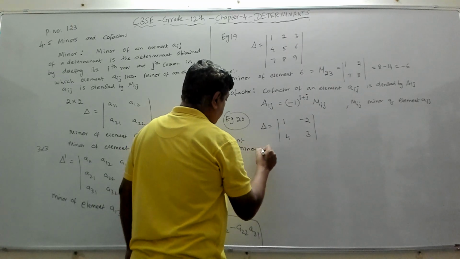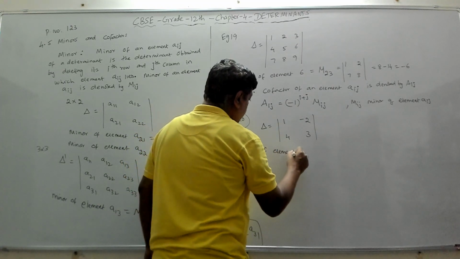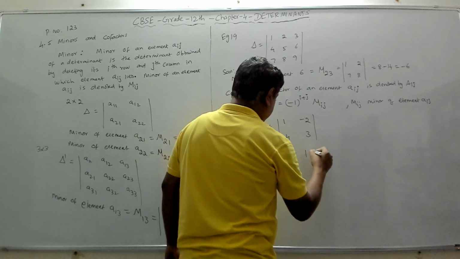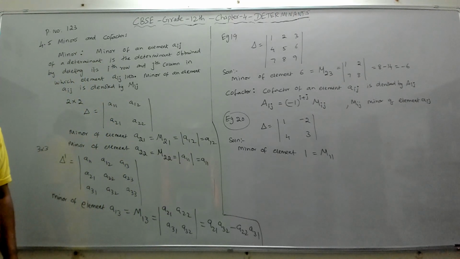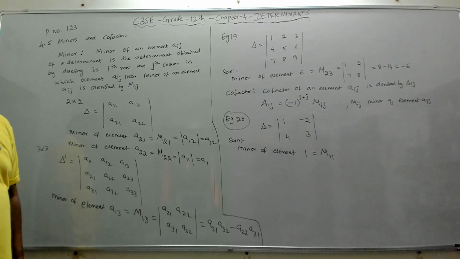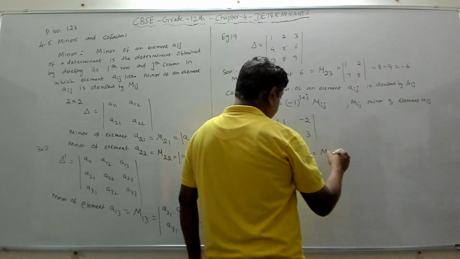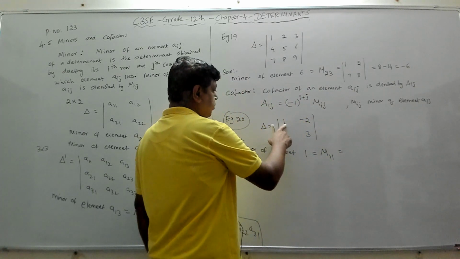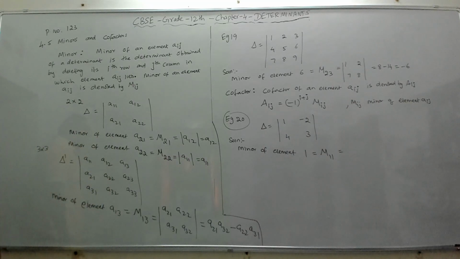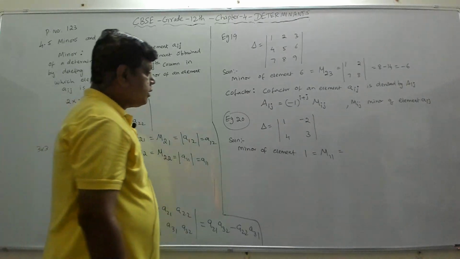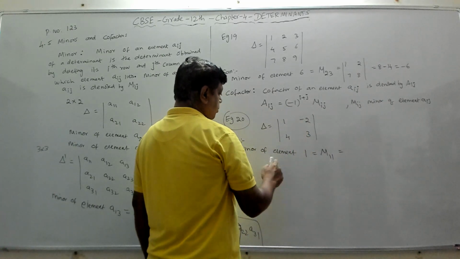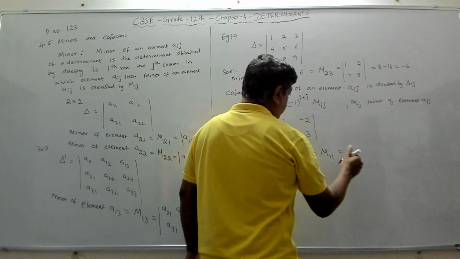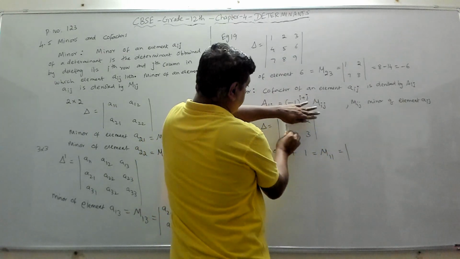Solution: the minor of element 1 is denoted by M11, because the position of 1 is A11. The positions are A11, A12, A21, A22. The minor M11 is the determinant obtained by closing that particular row and column on which 1 lies.